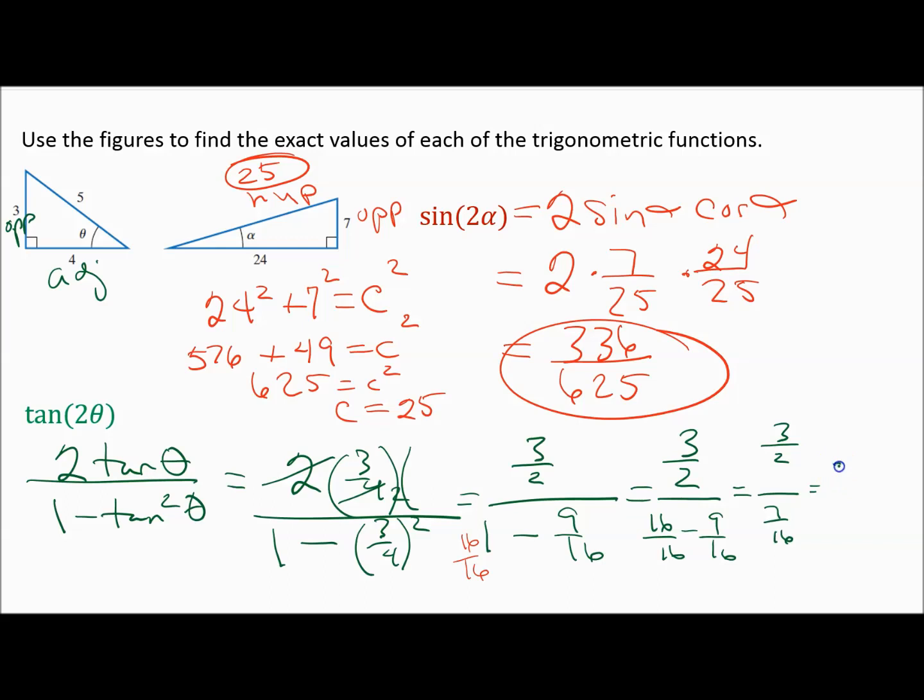Now it's time to invert, so that's 3/2 times, I flip it, 16 over 7. Continue down here to simplify. This 2 and the 16 will cancel, which gives me 24/7, and that is lowest terms. Always make sure your fractions are in lowest terms.